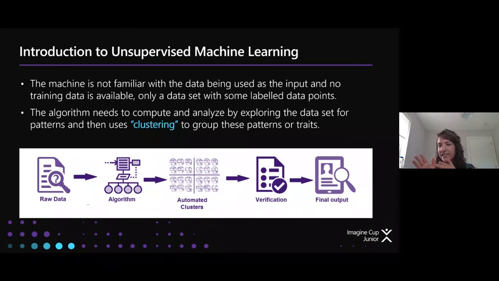So it's trying to analyze different patterns across the data set based on the limited labeled data points that it does have. And what it normally does is something we call clustering. So it clusters them into groups. So it's finding patterns, and it goes, okay, these all have similar traits, we'll put them into that group. These all have similar traits, we'll put them into that group. So it clusters them together according to this, okay? And then once it has those clusters, it can tag them and it can keep going from there, okay?